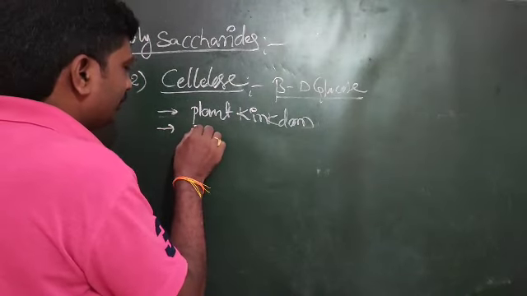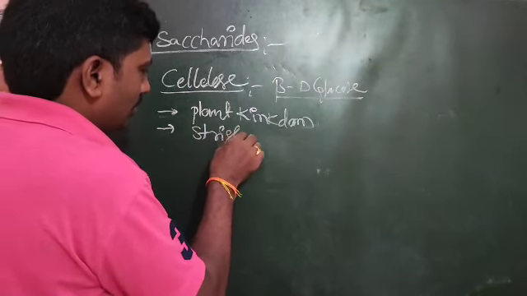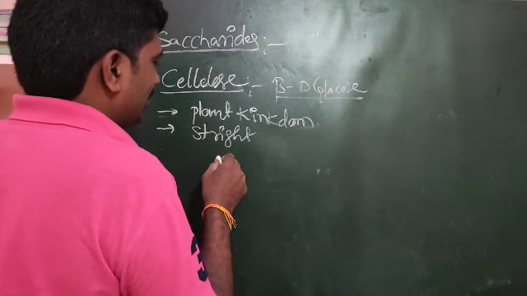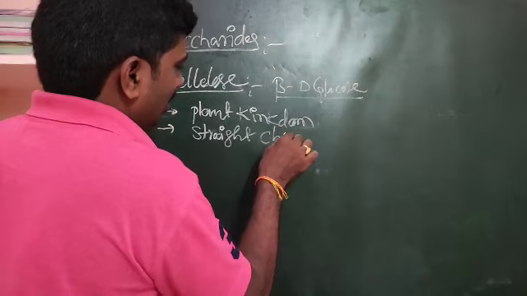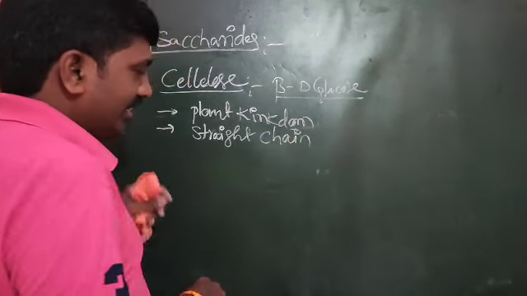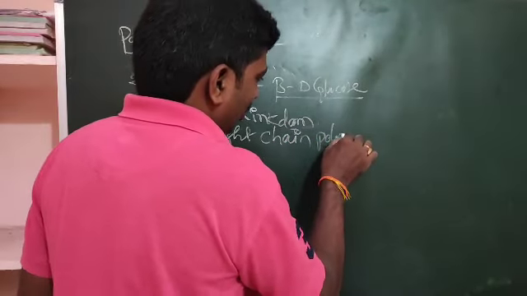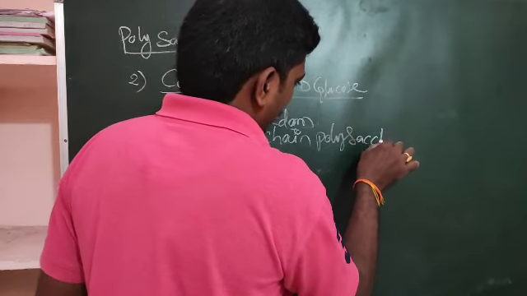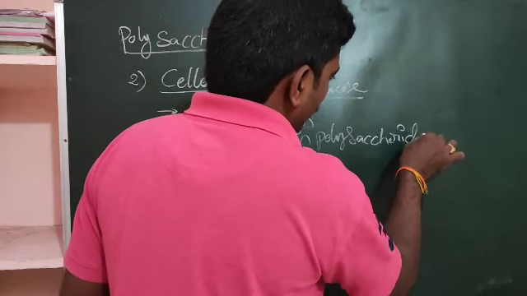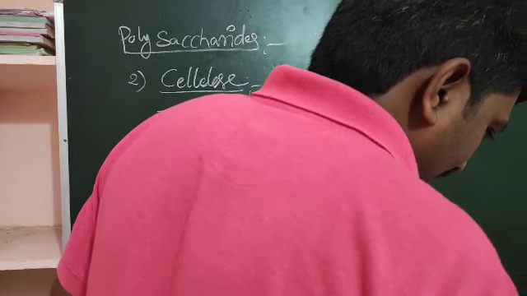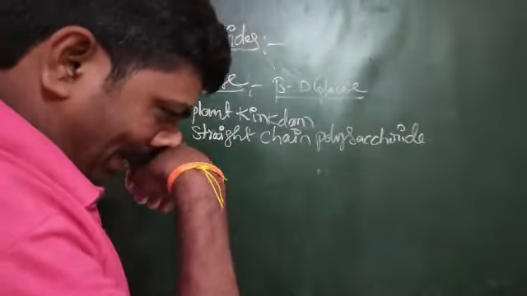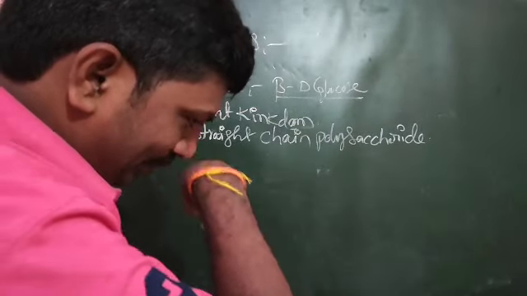It is a straight chain polysaccharide of beta D glucose.